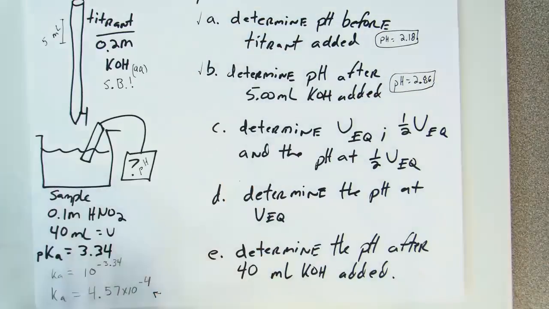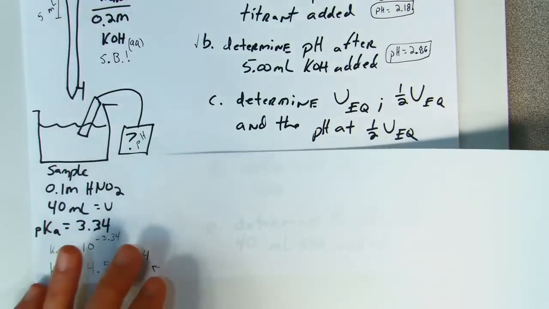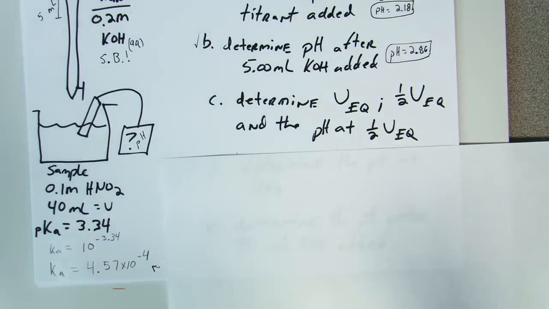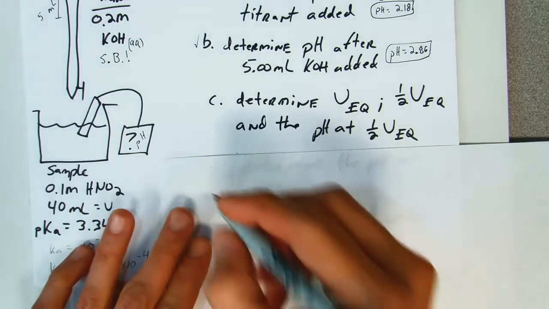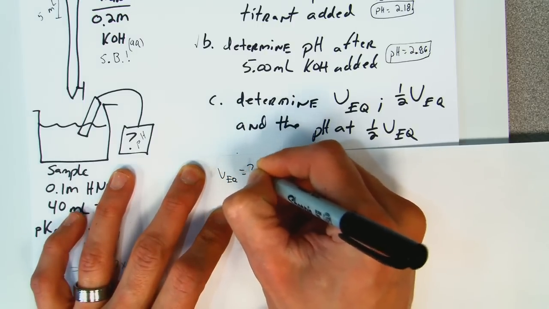So we got B done. In C, it looks like they want us to determine the volume of equivalence and half the volume of equivalence. And we want to know what is the pH at half the equivalence volume. Let's take a look at that. So first off, what do we mean by VEQ?